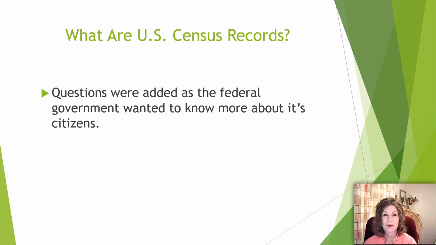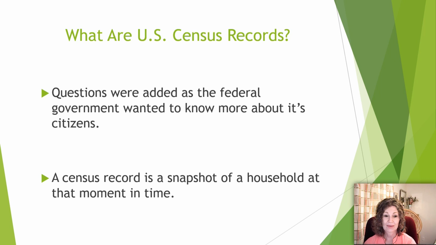Or when did you immigrate to the United States? So many interesting questions and details we can find out about our ancestors as we search the census. And remember that a census record is truly a snapshot of a household at that moment in time. We are just looking at that specific time period.